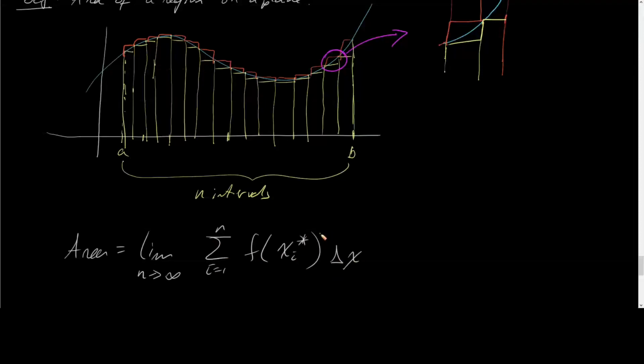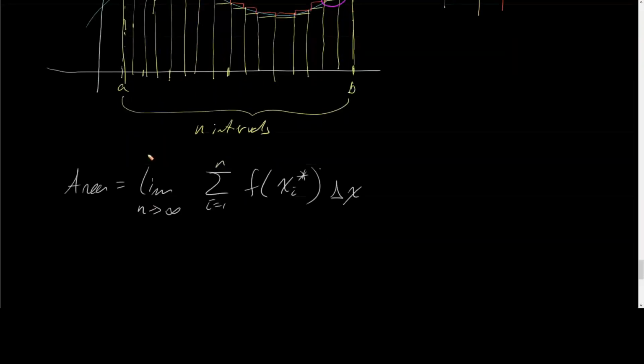Now, let's explore what this is saying. The limit as n goes to infinity. Remember that n is the amount of intervals, and the amount of intervals represents how many rectangles we're using. So what we're saying here is we're going to put infinitely many rectangles in here, essentially so that the width of them becomes 0.